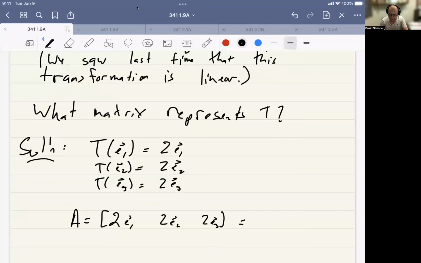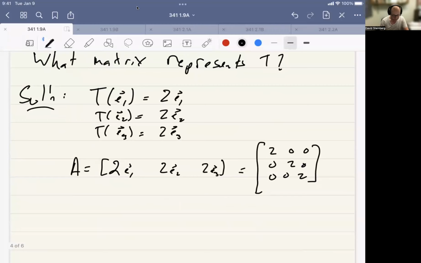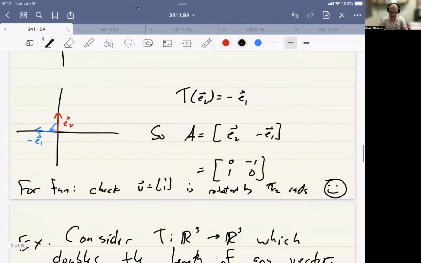And we can write down concretely what that matrix is: 2, 0, 0, 0, 2, 0, 0, 0, 2. We can check, yeah, so this is A, and T of X is equal to AX for all X. That's the claim from theorem 10. Should have said that up here too.